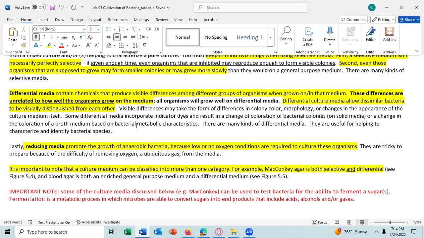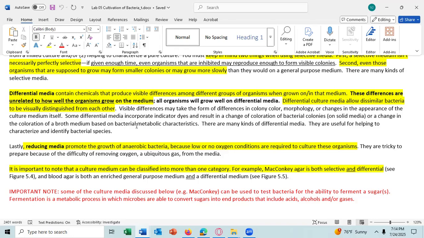But EMB, when you grow your cells on EMB, they will show differences in their ability to ferment the sugar lactose. If they can ferment the sugar lactose, they will either be dark or metallic looking. And if they cannot ferment the sugar lactose, they will be their normal color or lack of color.